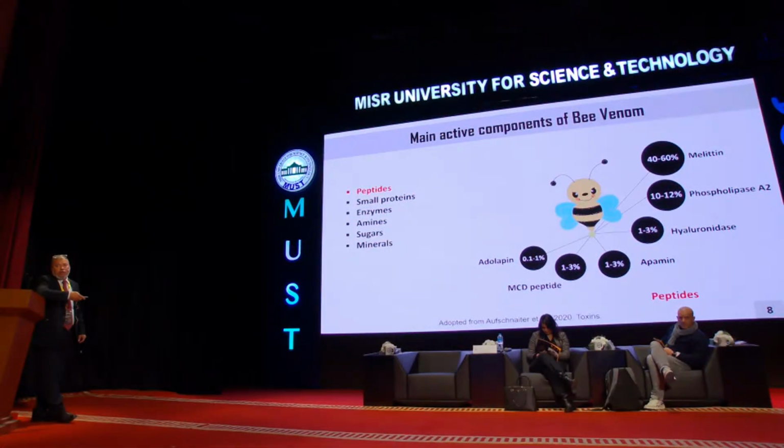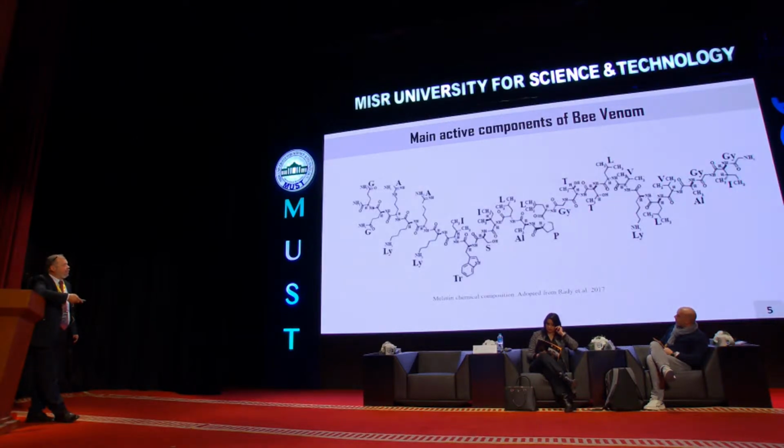As concerning the chemical composition of bee venom, the major component is peptides with small proteins, enzymes, amines, sugars, and minerals. And among the peptides, melittin as the active component comprises almost 30 to 60% with other constituents. Here is the major composition of melittin, which is about 26 amino acids.